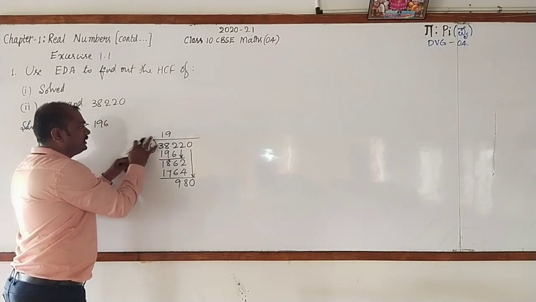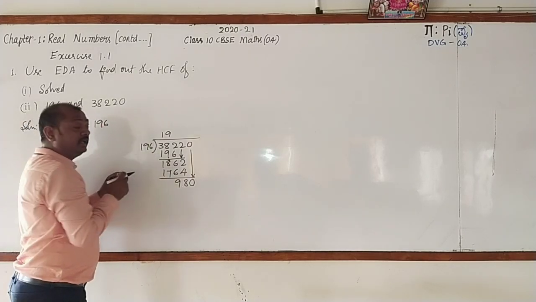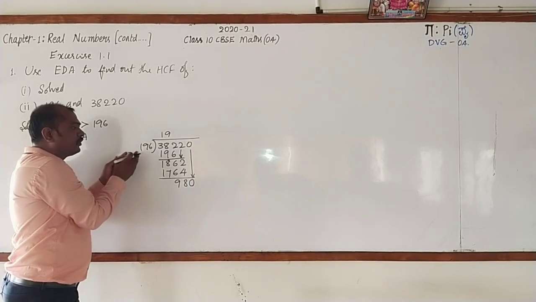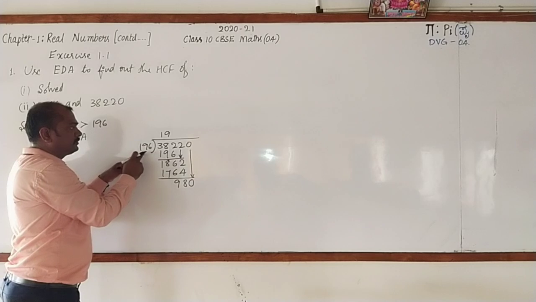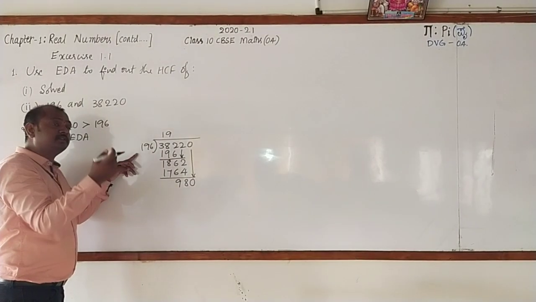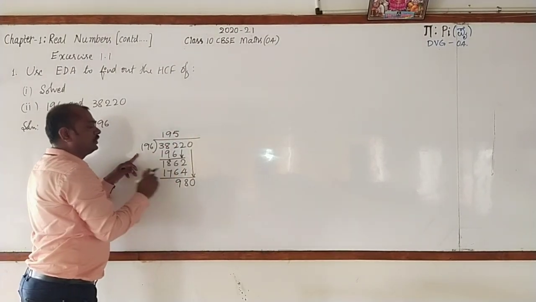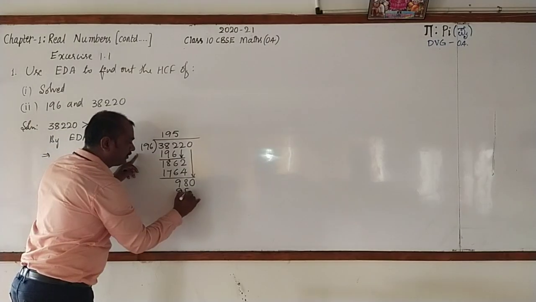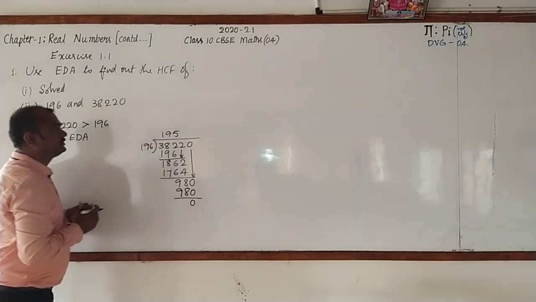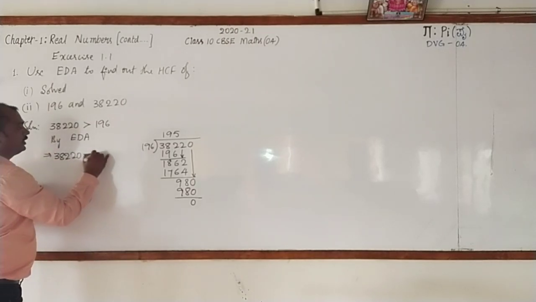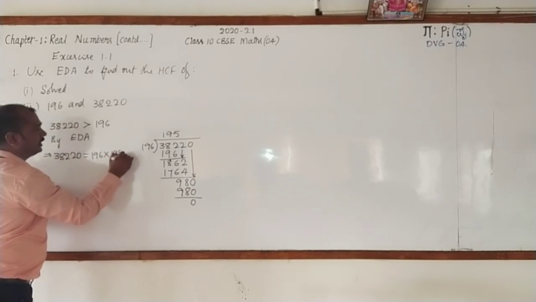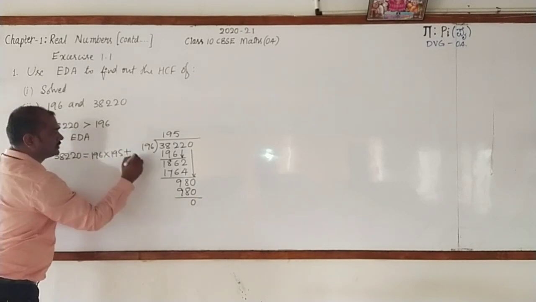Now carry down 0. Now 196, how many times? It is 980. You just go for doubling, tripling, 4 times, 5 times. 196 fives, how much will it be? 980. Now it is 0. Now we can write 38,220 as 196 into 195 plus 0.